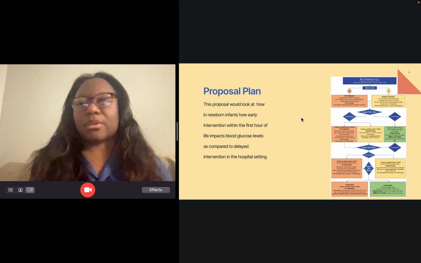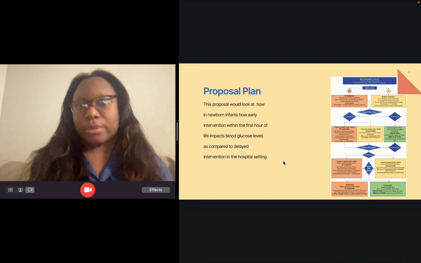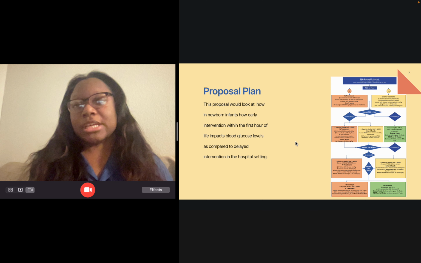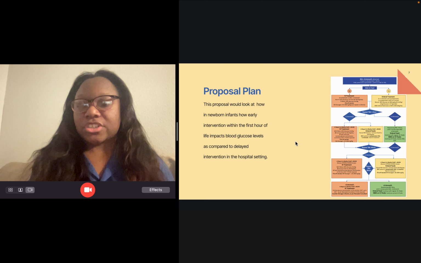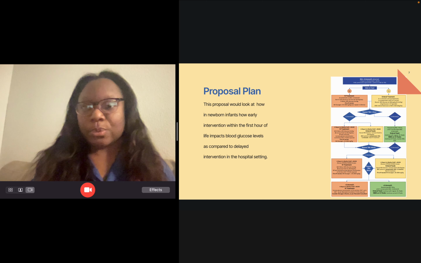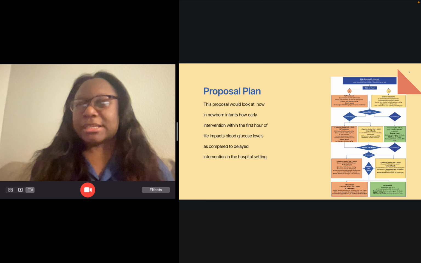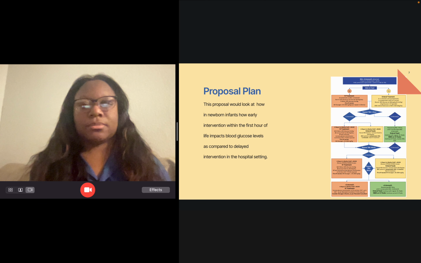As part of my plan, I was wondering, what if we made it a priority to have early intervention instead of waiting on that point of care testing to show that this newborn infant already has hypoglycemia and trying to basically catch up with their blood glucose levels?